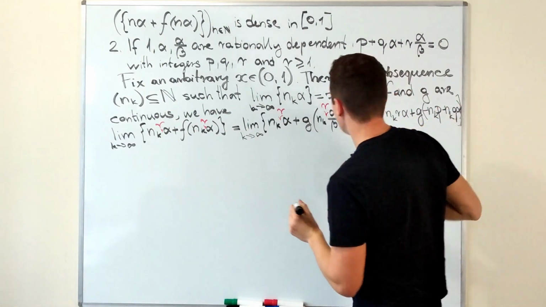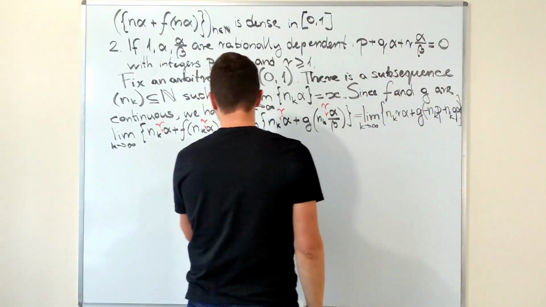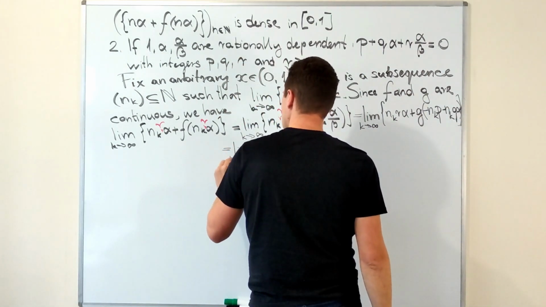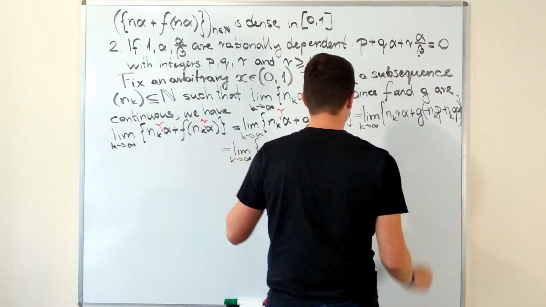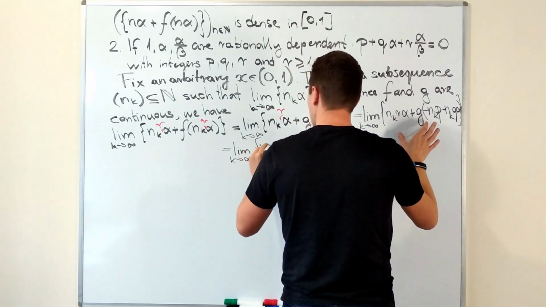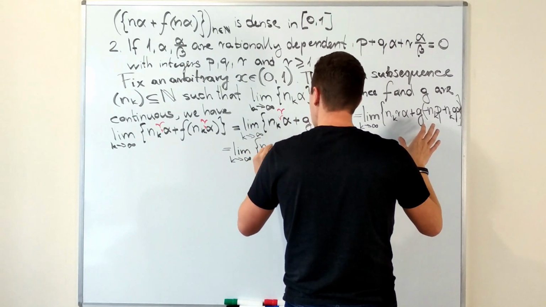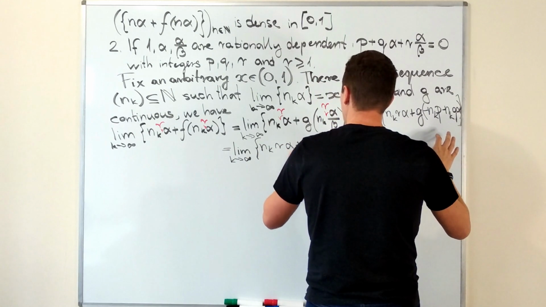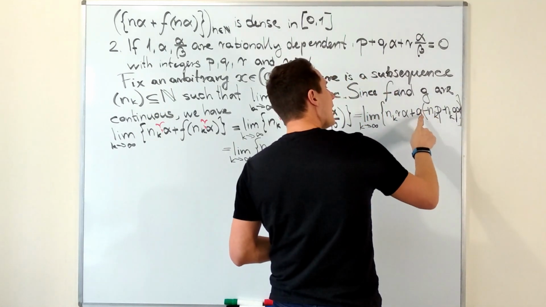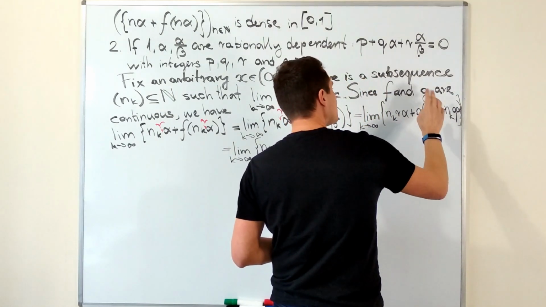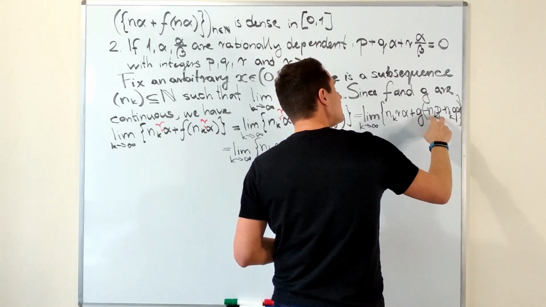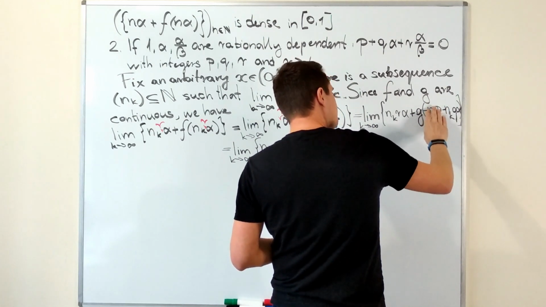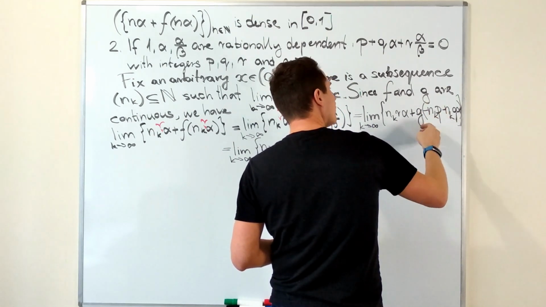And then we can use the fact that g is one periodic. So at this point, we still have the fractional part of n sub k times r times alpha plus, now we have g of, well, here we have a negative, well, perhaps positive integer, but an integer nonetheless, which can be omitted because g is one periodic.